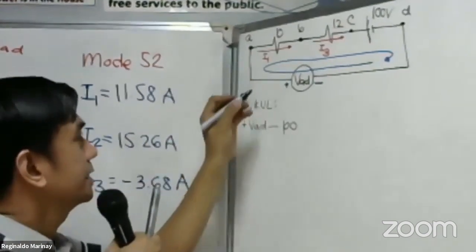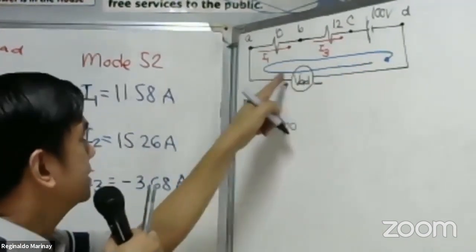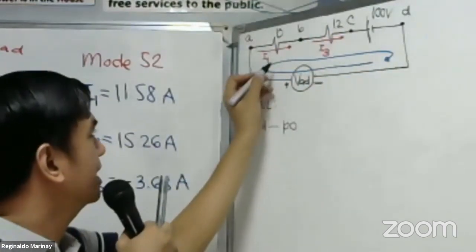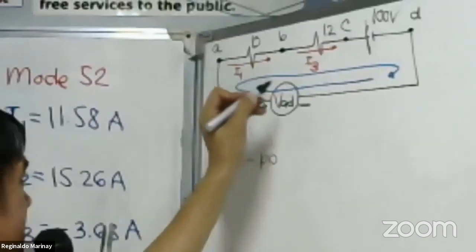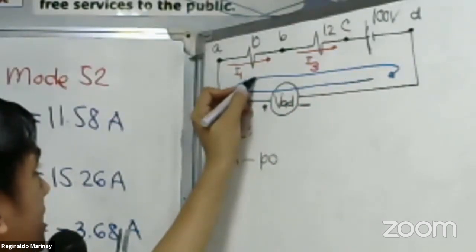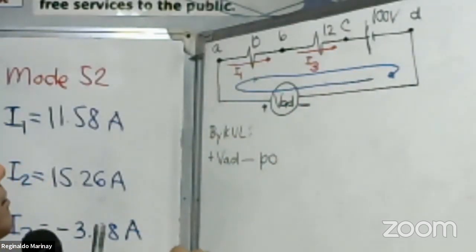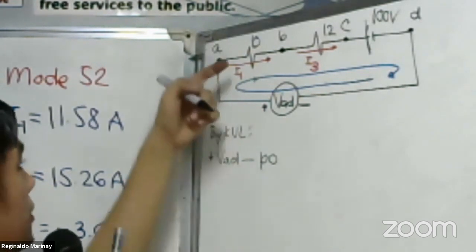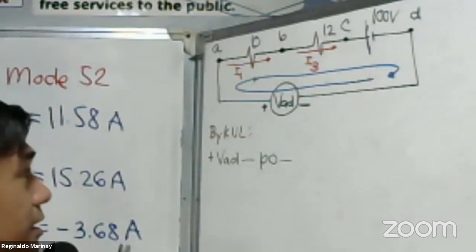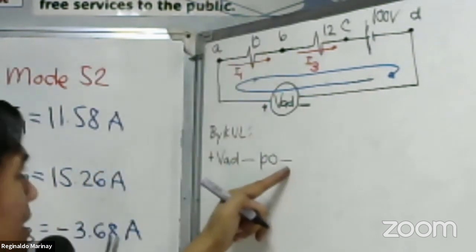Voltage drop, take a look here at our circuit tracing on a clockwise direction. Always clockwise ang ina-assume ko dyan. So this is going, I1 is to the right, and then the circuit tracing is to the right. So, to the right, to the right. See? One direction, one line.